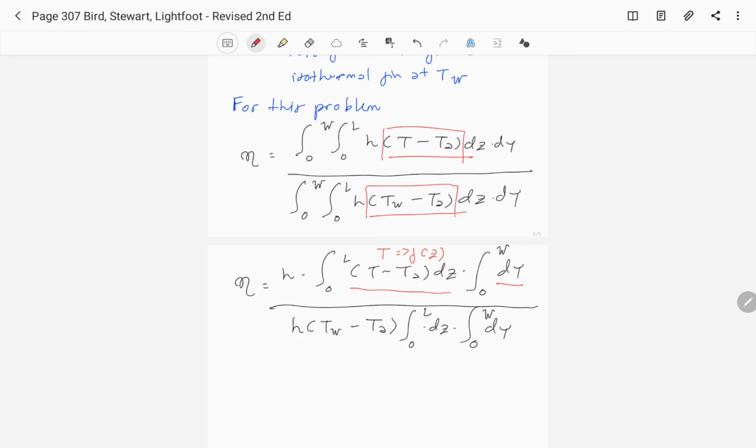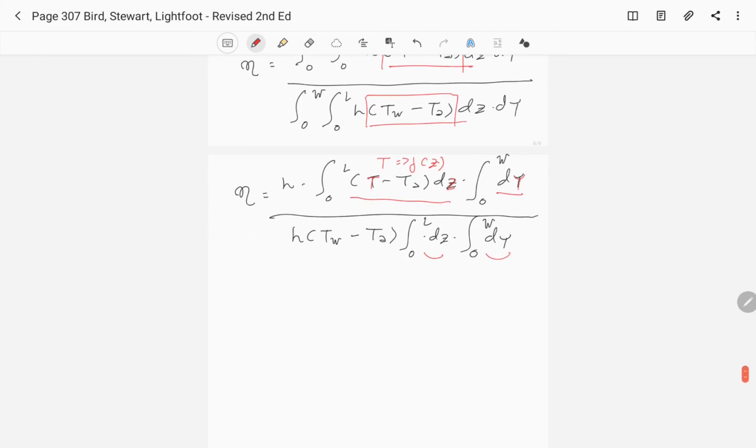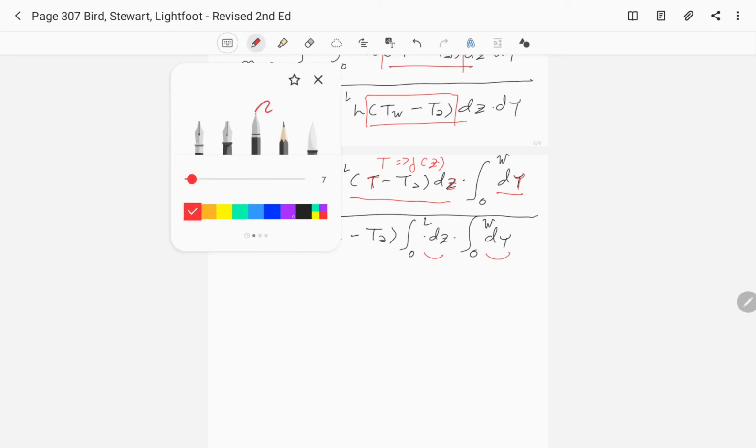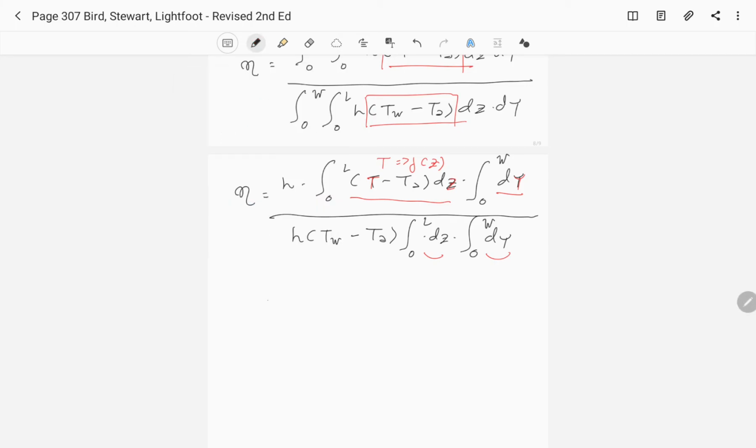Okay, so there is no correlation between y and z and T. The one in the bottom as well, z in here with y in here is independent of the Tw minus TA. So you have to basically understand the dependence of each variable, and this one can be expressed in terms of the dimensionless variables.